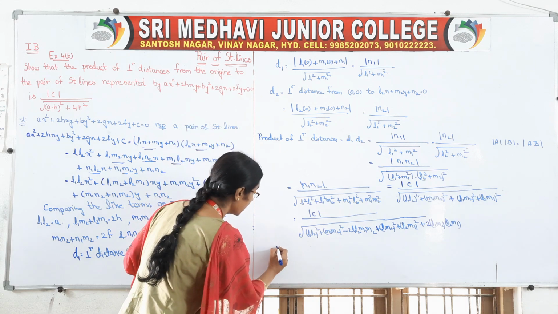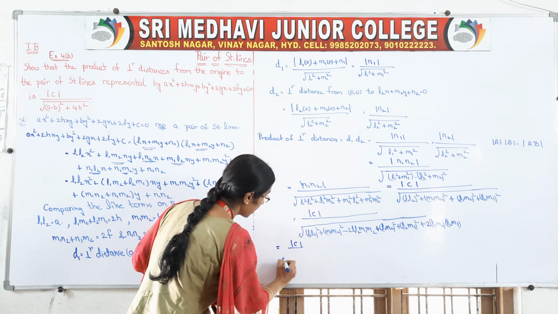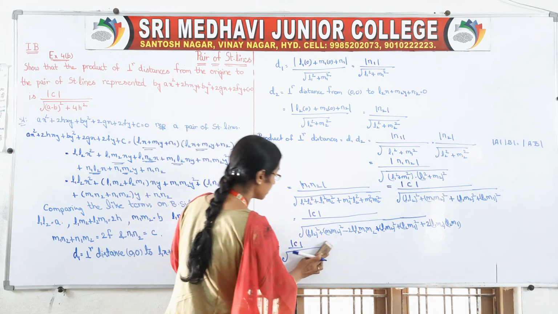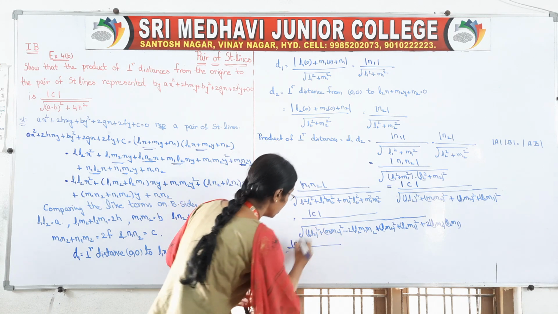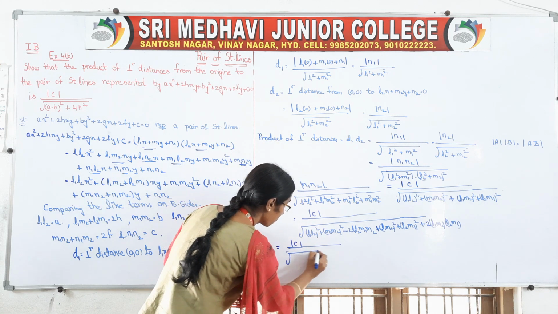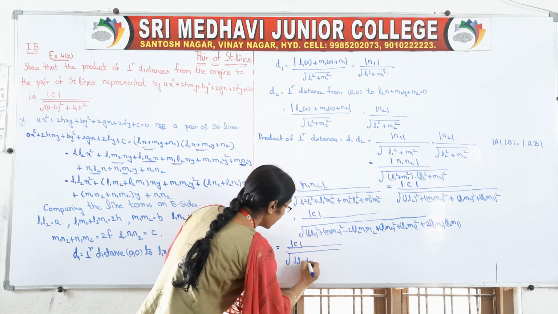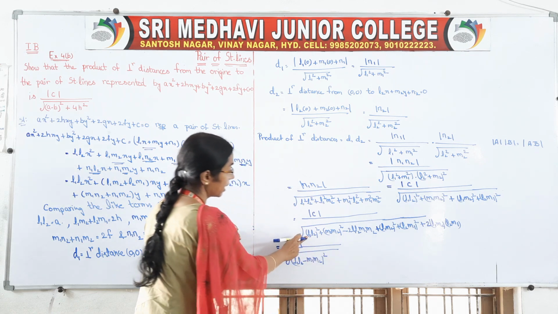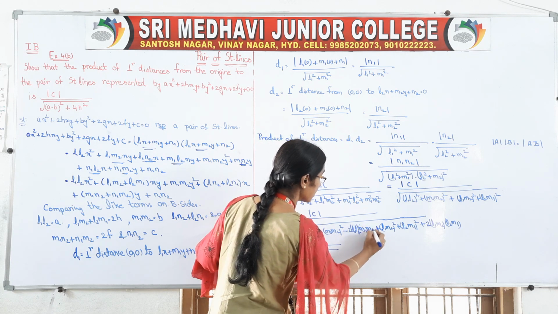So now we can write this as mod C by root of, we can write this as root of L1 L2 minus M1 M2 whole square. Why? Observe, a square plus b square minus 2ab, you can take like this, right?